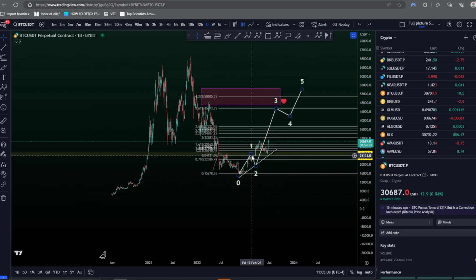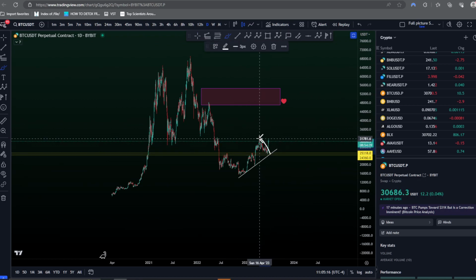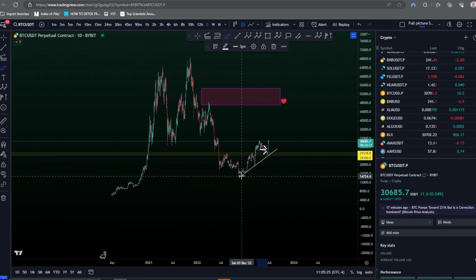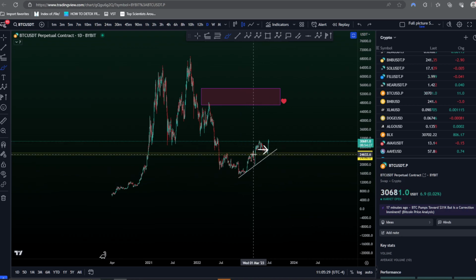I think I said this last video too. This correction for me that we just experienced and broke out of, it was just way too long in time compared to the first 1, 2 of that wave.